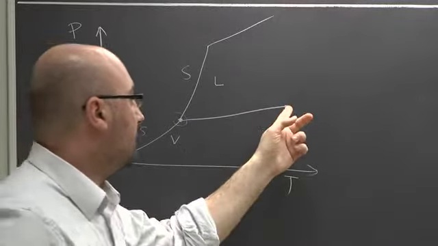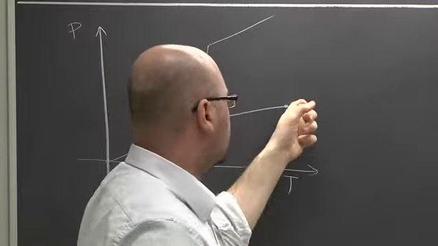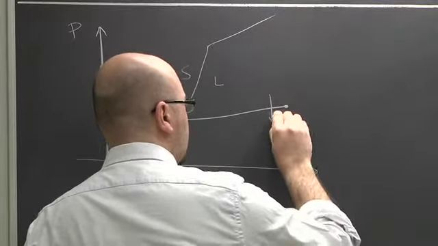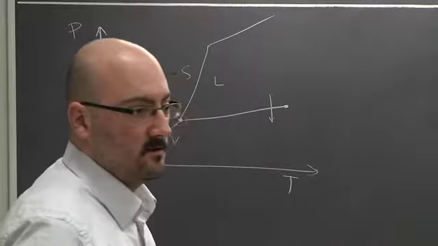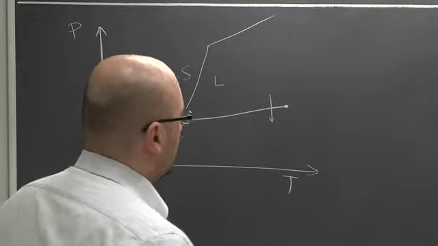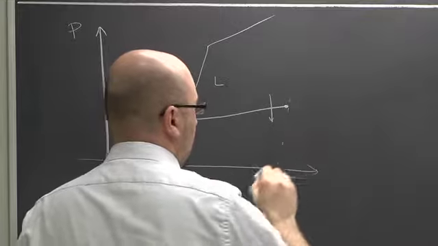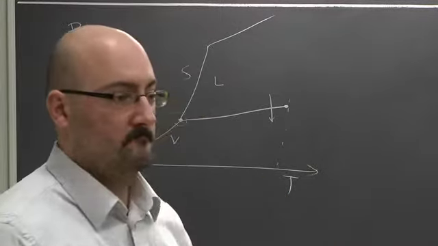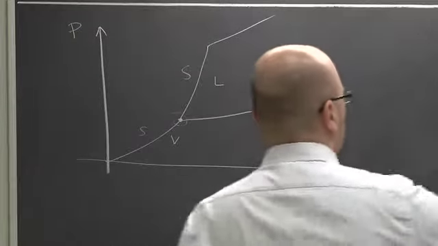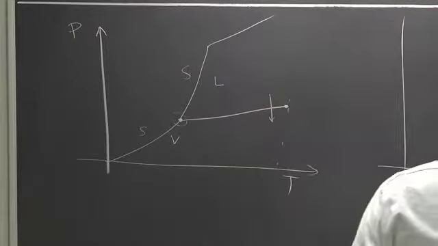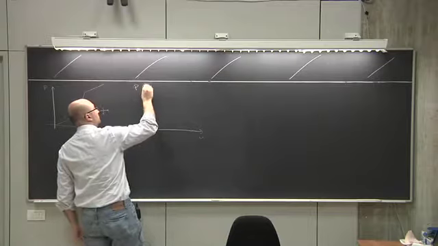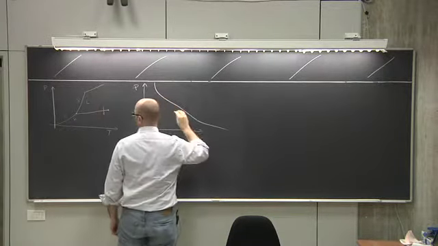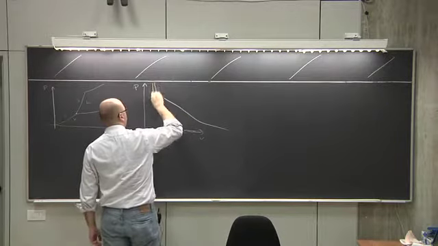This critical point here is different, because if you make a transition in this direction below the critical temperature, then you see a discontinuous change.